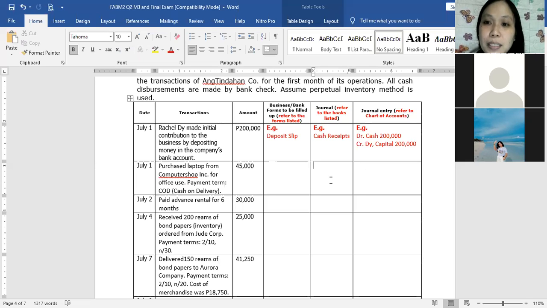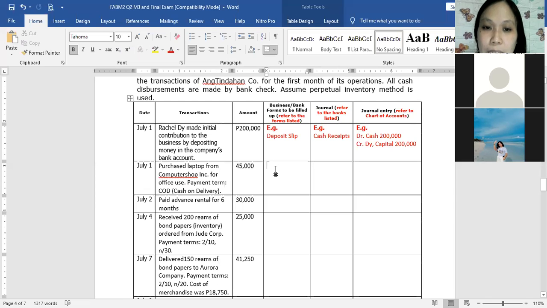Remember, cash disbursement is for disbursements or purchases that are paid in cash. The purchase journal is for purchases that are made on credit, not cash. Okay? So I hope you have an idea now.